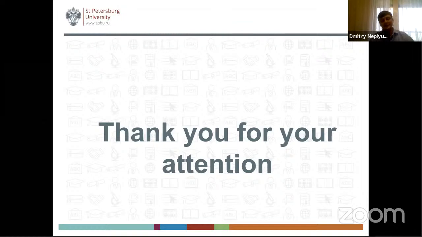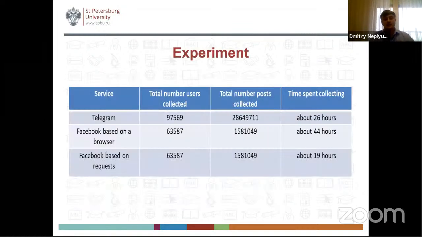In my data crawler, I use one thread for collecting data from Facebook. The time pause in each request is a random value, less than 1 second for each request. If we want to collect more data, we can add threads to the data crawler very quickly.